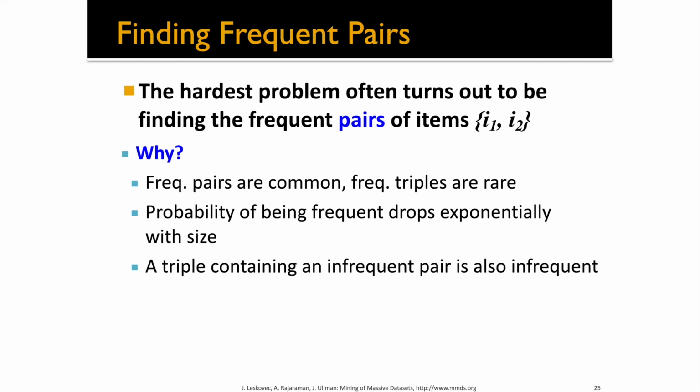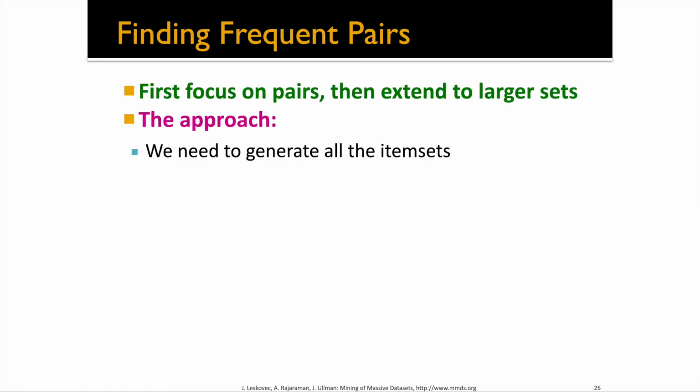So we can say that any triple must contain a frequent pair for that triple to also itself be frequent, which allows us to take some shortcuts in how we find these frequent item sets by focusing on finding frequent pairs. So once we have these sets of frequent pairs, then we can extend to larger sets of items.